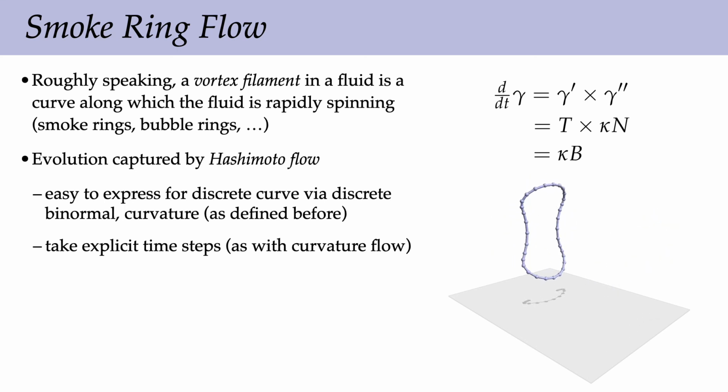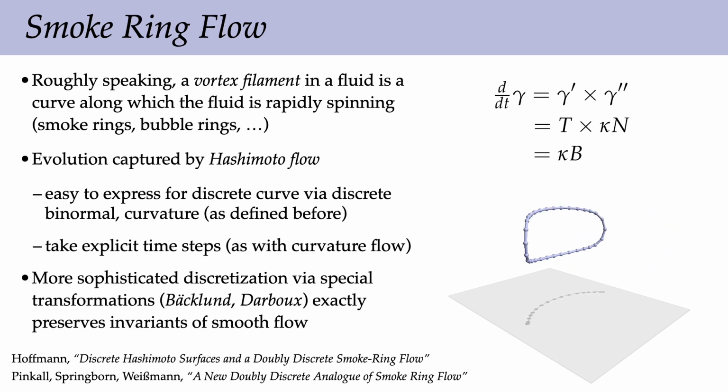This Hashimoto flow is another example of some very deep ideas in discrete differential geometry. So this is a very simple discretization that I'm showing here, but there are much more sophisticated discretizations via special transformations that exactly preserve invariance of this smooth flow.